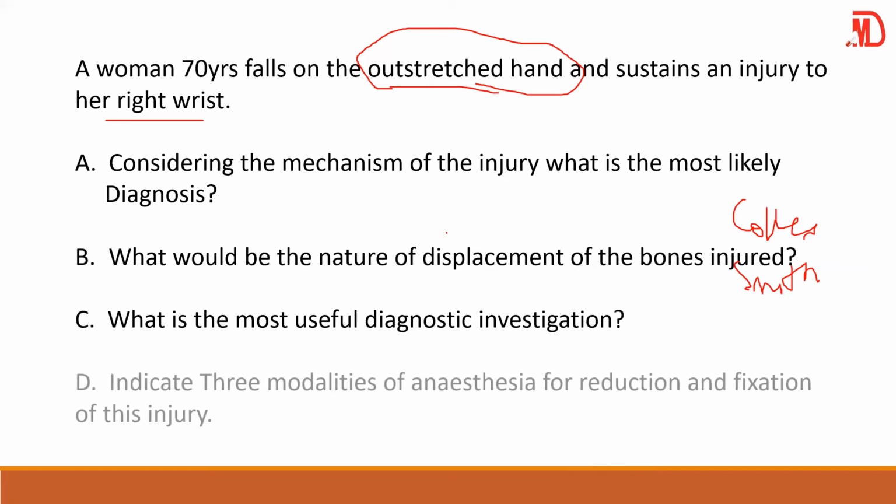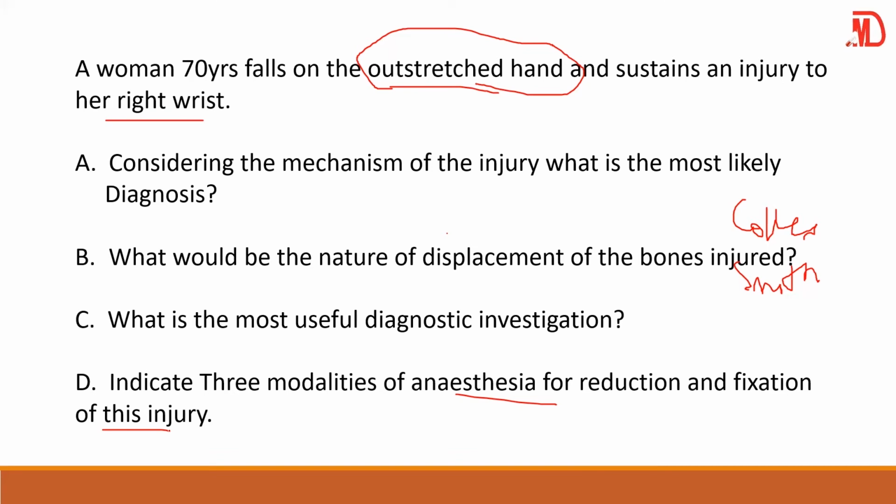Then, indicate three modalities of anesthesia for reduction and fixation of this injury. What kind of pain relief will you give the person if you want to do a reduction and fixation?